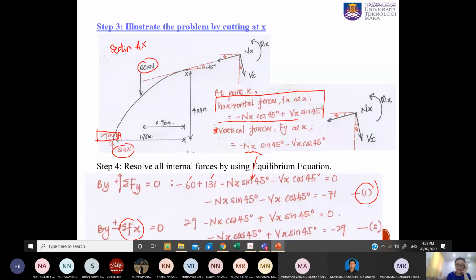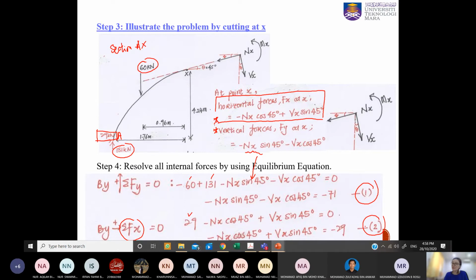So now I can quickly put in my equations. 29, because following my positive sign, and also this Nx and all these from the x point. So I have established now the second equation. And now equations 1 and 2 involve the unknowns Nx and Vx.